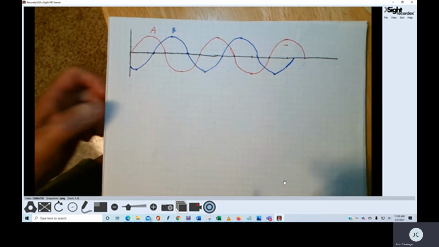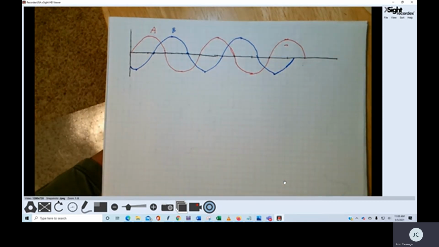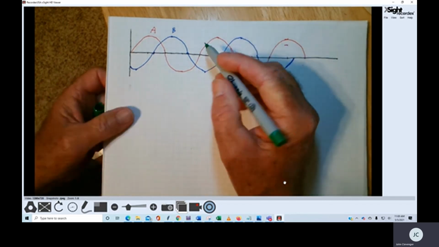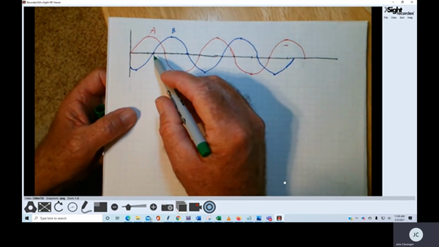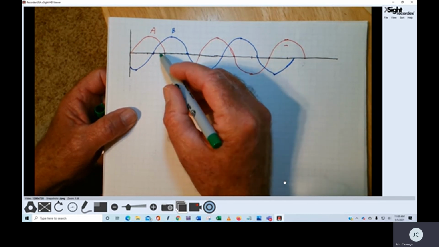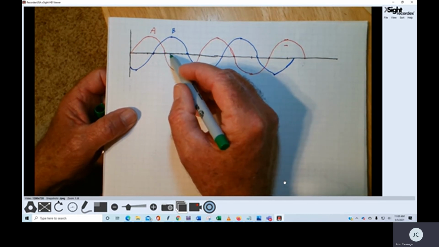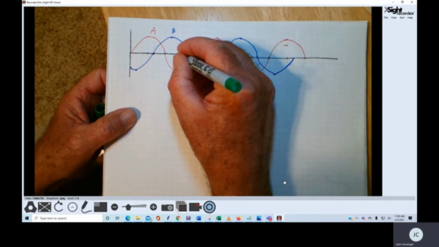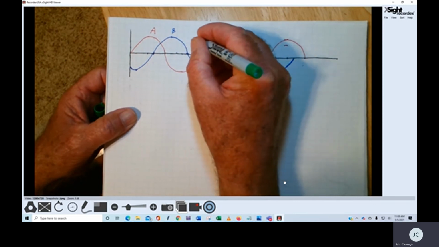I'm getting tired. Now, there'll be a third phase, phase C, which differs from phase B by 120 degrees. So 1, 2, 3, 4. This is going to be 1, 2, 3.